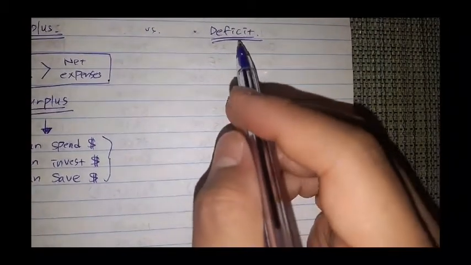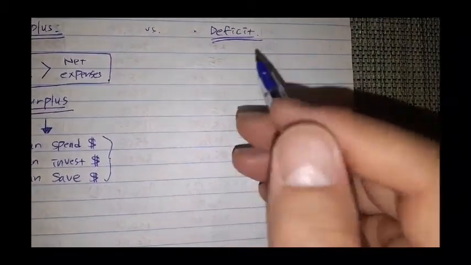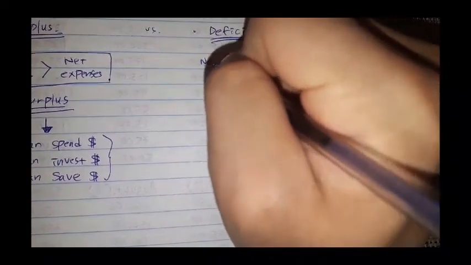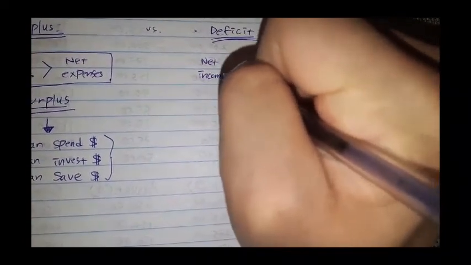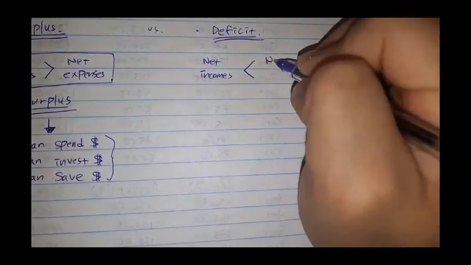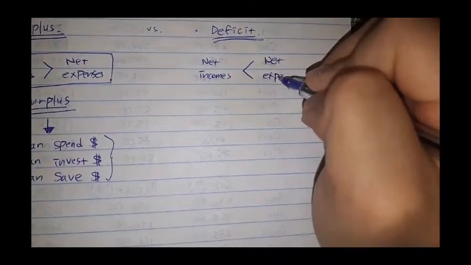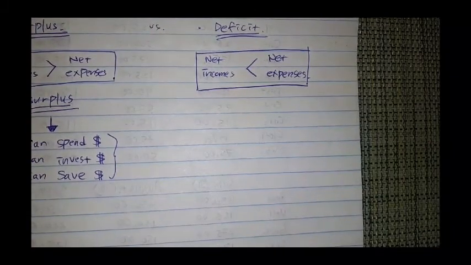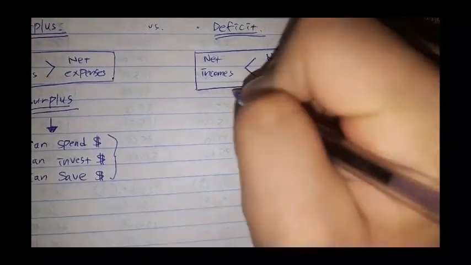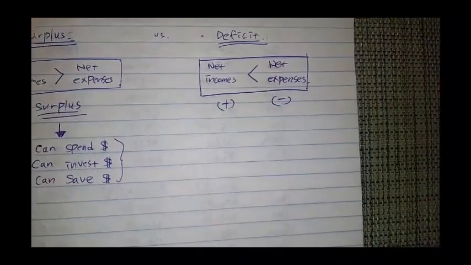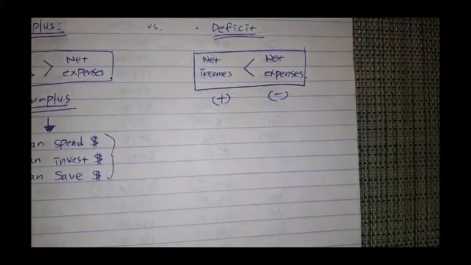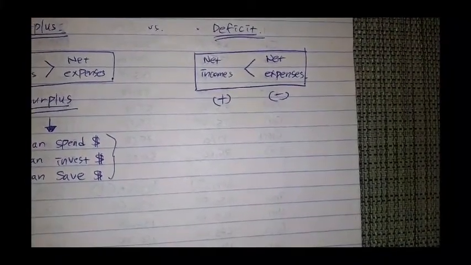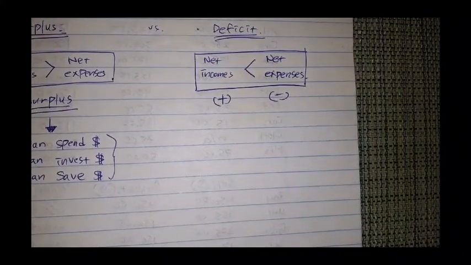As you may know, you don't want to go there. Deficit is a situation where net income is actually smaller than net expenses. That means the negative overrules the positive amount. Mathematically, if you add positive and negative numbers and the negative is bigger, you will have a net negative.